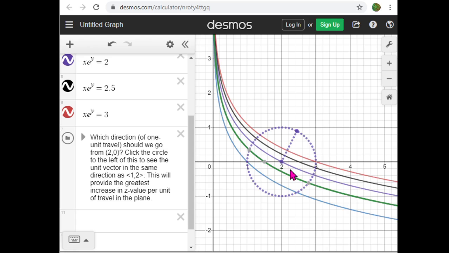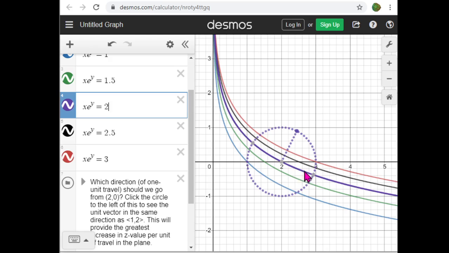And what we should do is to find the steepest thing, right? We don't want to take the easy path. The easy path would be to travel along the purple because that's all the same height. The height is 2 all along the purple path, right? So if we want the z coordinate to increase as much as possible, if our goal is to get to the peak of the mountain as quick as possible, we should travel in the direction of what the gradient told us, which is this direction here.